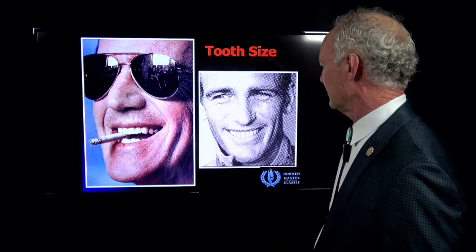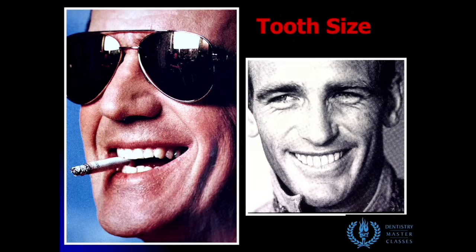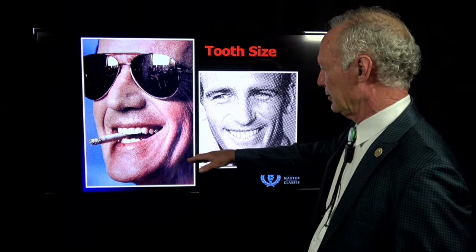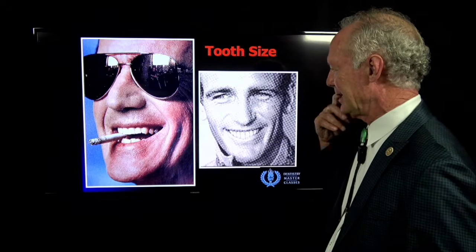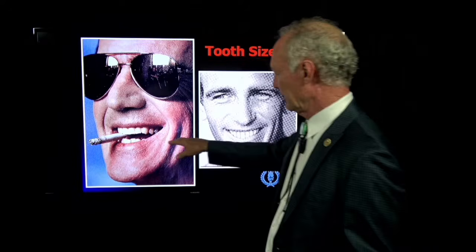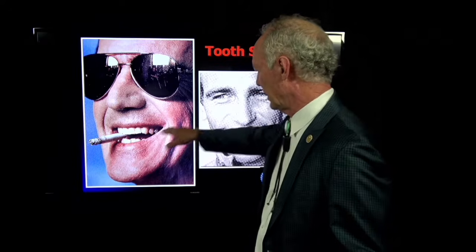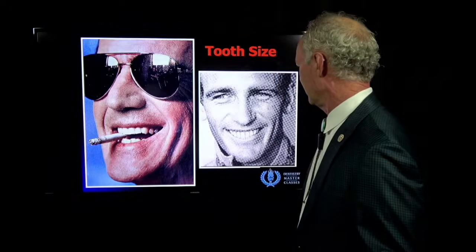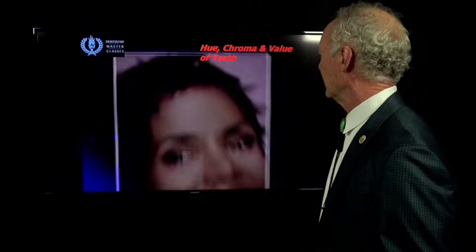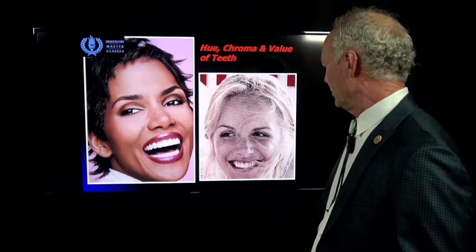Tooth size. We talked about that. The average central is 11 millimeters. If it's a small person, it may be 10. Laterals are a little less than that. You want the incisal plane to parallel the lower lip. And then euchromin value.